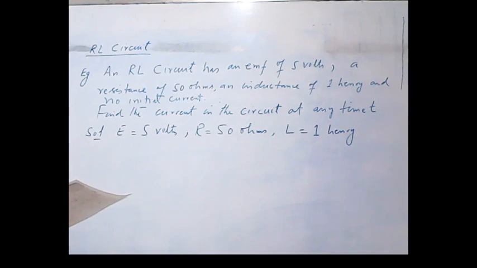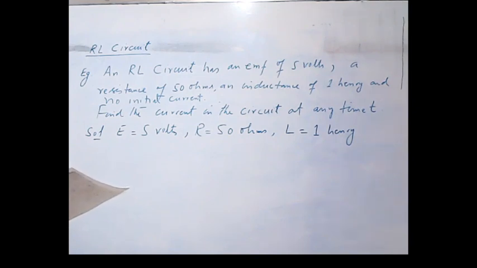So after fitting this information, you basically find the fourth parameter, which is the current. So it's very easy to identify the model to apply corresponding to the word problem.